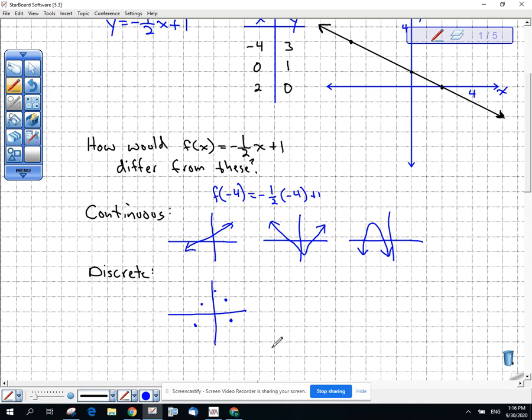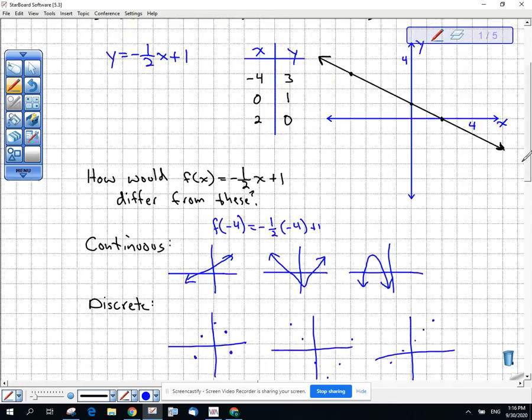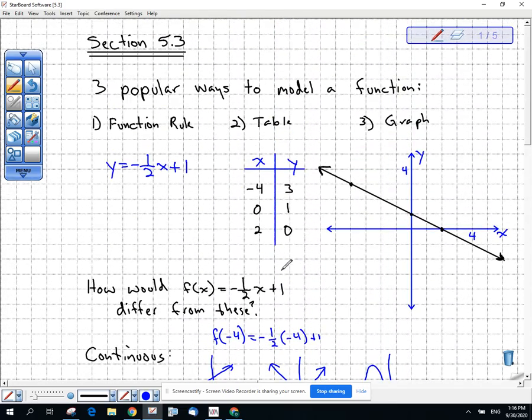And it still can be a parabola. It still could be an absolute value function, right? It's likely to be a line though, and I'm just freehand drawing here, you understand, right? These are considered discrete, continuous versus discrete. The word discrete is probably new to you. The word continuous ought not be, right? Continuous meaning you never pick up your pencil to place it down somewhere else or to make points like that. All right.